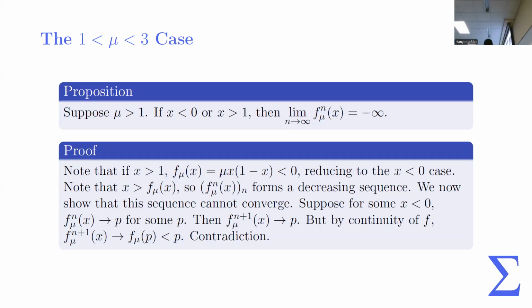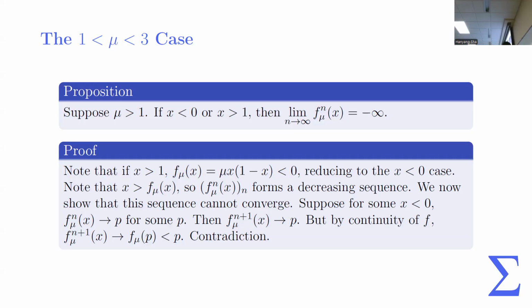This is very obvious because first we can see that if x is greater than 1, then f of x is less than 0, which reduces to the x less than 0 case. So now let's focus on x less than 0. Note that when x is less than 0, x is always greater than f of x.